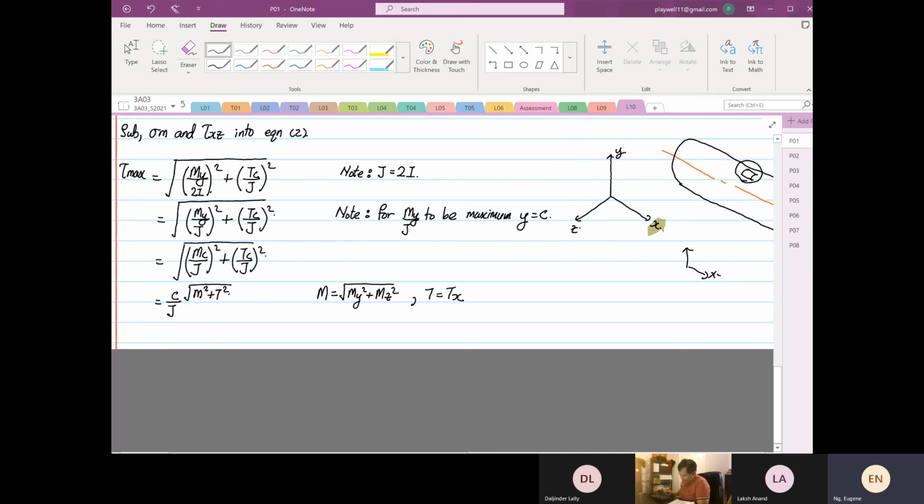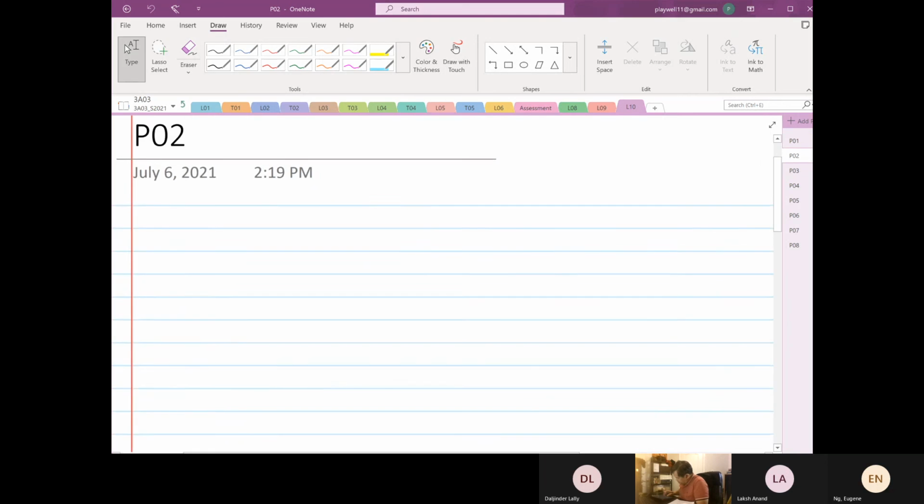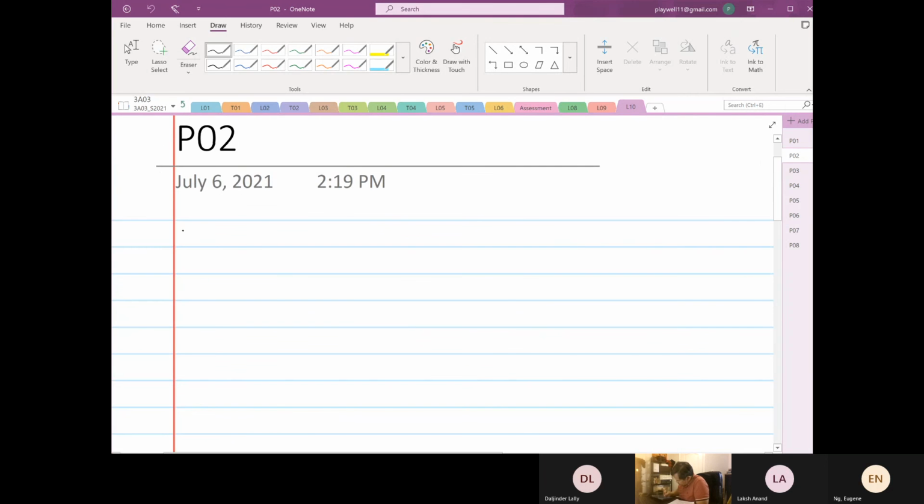When we include everything into the formula, tau max is equal to c over J times the square root of the moment in the y direction squared plus the moment in the z direction squared, plus the torque in the x direction squared.